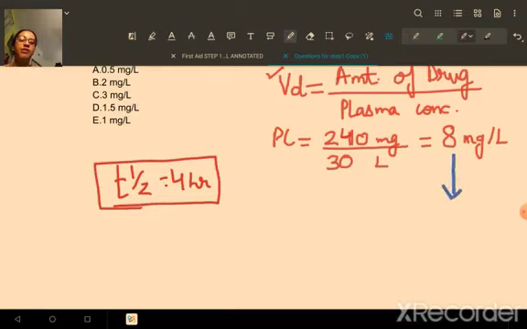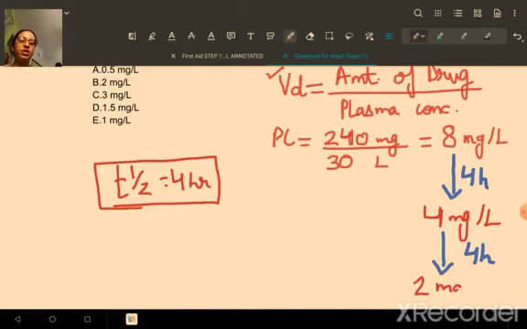So in one half-life, which is 4 hours here, it will reduce to 50% or half of its value, which is 4 mg per liter. It would take another half-life of 4 hours to further reduce to half, which is 2 mg per liter.